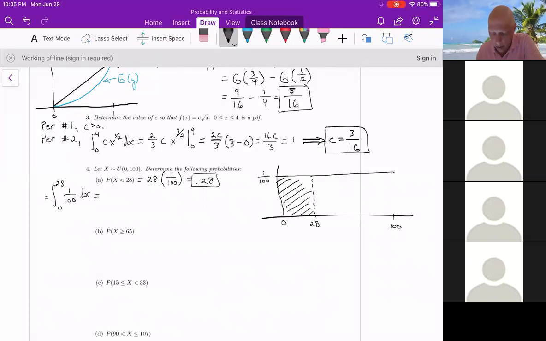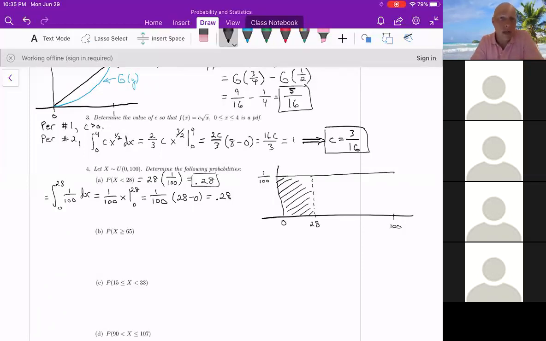When you integrate this constant, you've got 1 over 100 times x evaluated from 0 to 28, which is 1 over 100 times 28 minus 0, which gives you 0.28. So both approaches work.